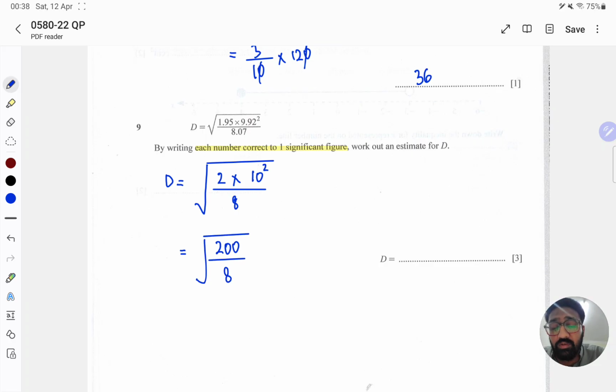Simplifying 8 and the table of 2, 4 and 100 further, it is going to be 25. So the value of the square root of 25 will be the value for d, which is 5.